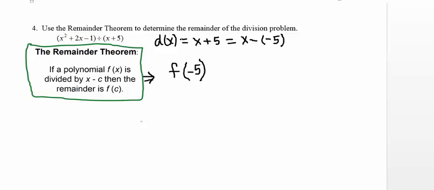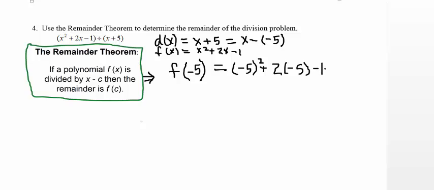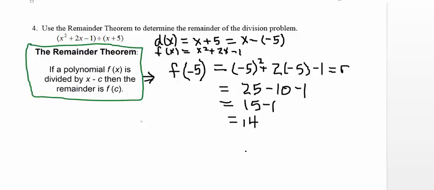And it's important to note that my f of x is x squared plus 2x minus 1. So I'm squaring negative 5, I'm adding 2 times negative 5 minus 1, and the remainder theorem tells me that's my remainder. So that winds up giving me 14.